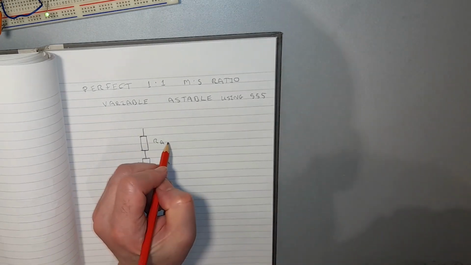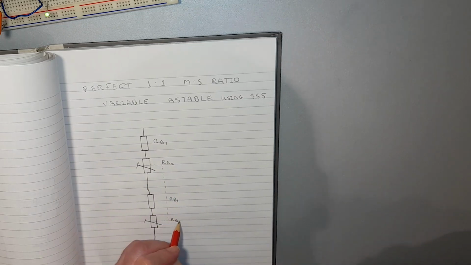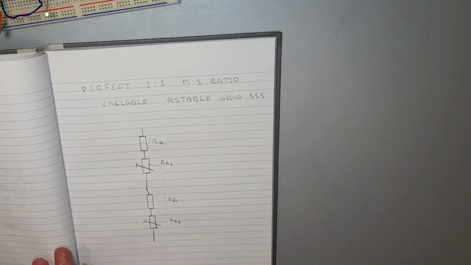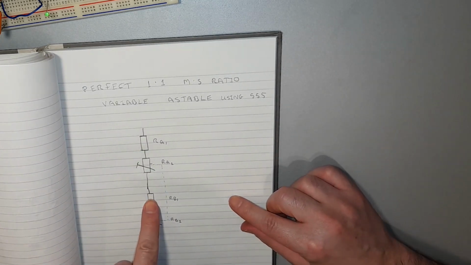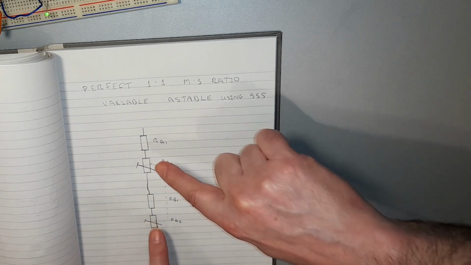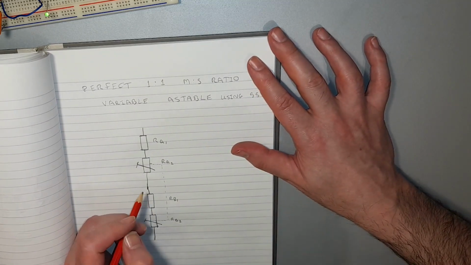Well, RA1 and RA2 and RB1 and RB2. In other words, you add them together and you add those two together. But that value and that value are the same, and this is a dual gang variable resistor, and they're the same. Whew, right.